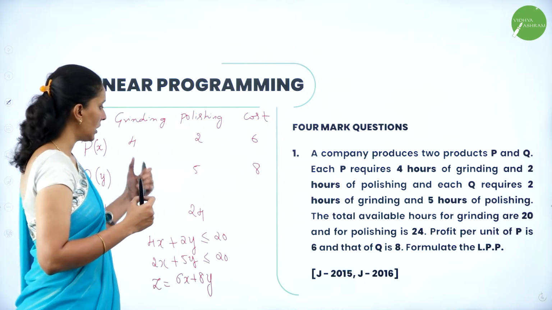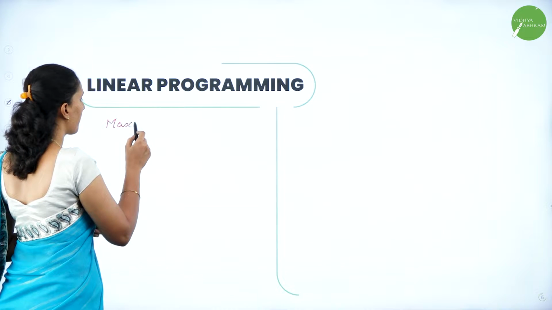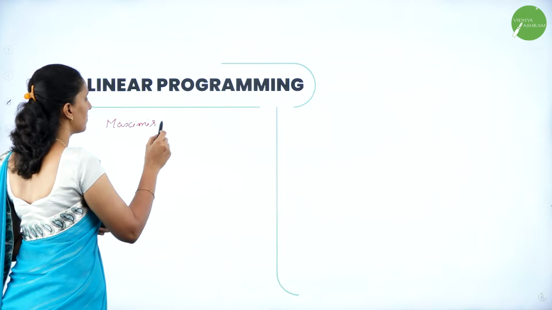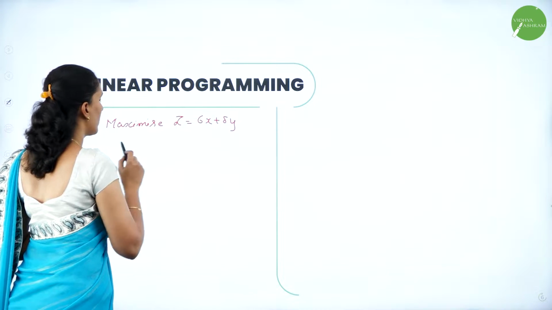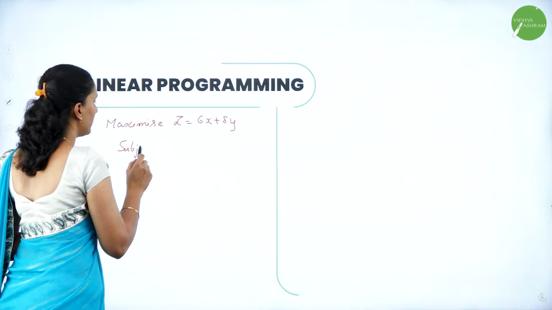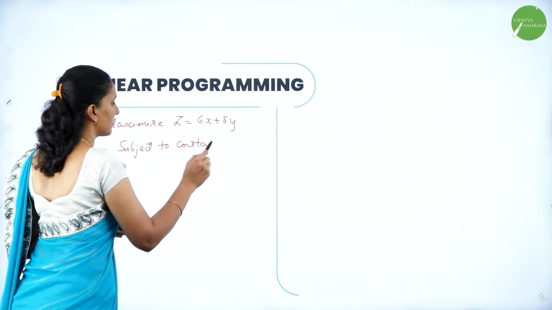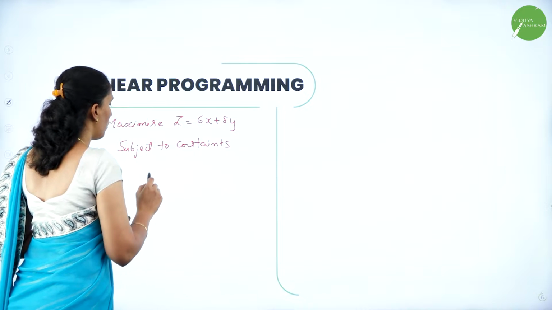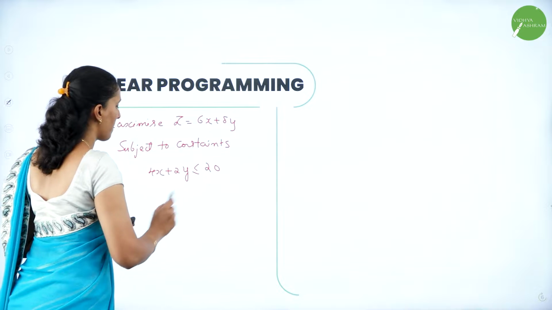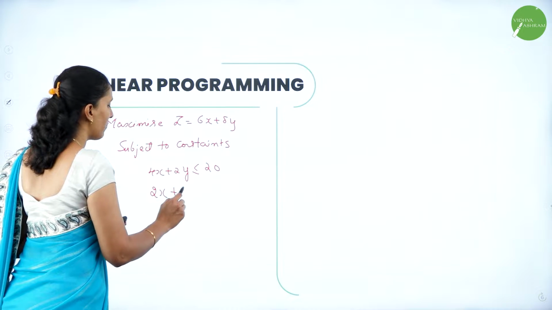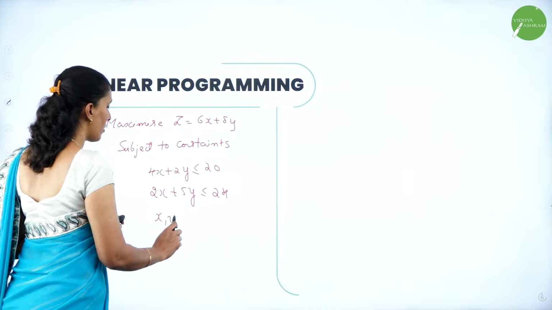So that's why the given data can be written as maximize z is equal to 6x plus 8y subject to constraints 4x plus 2y less than or equal to 20, 2x plus 5y less than or equal to 24, where both x and y are greater than or equal to 0.